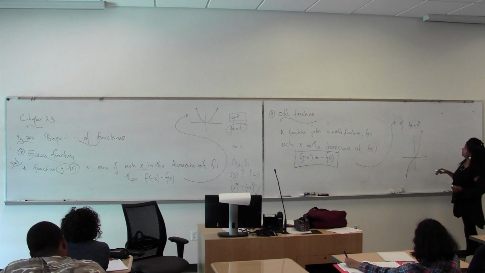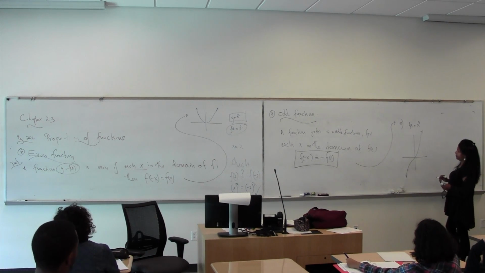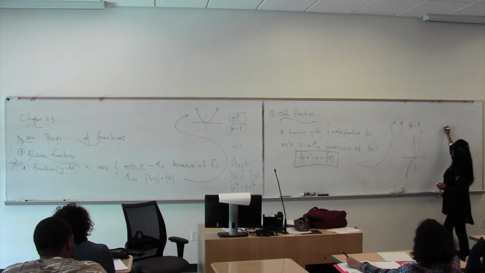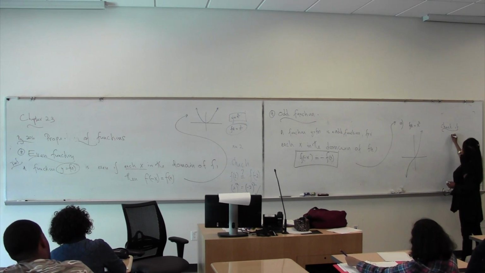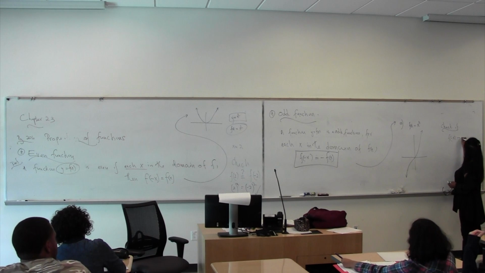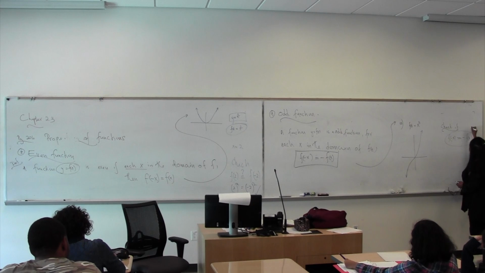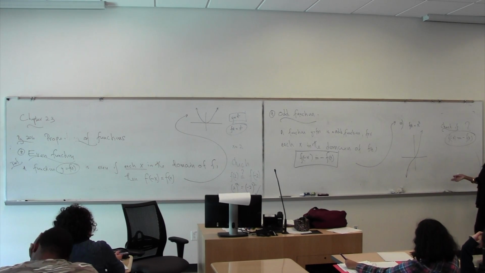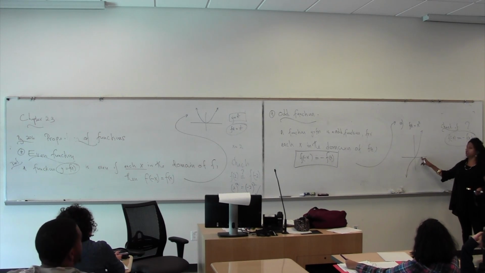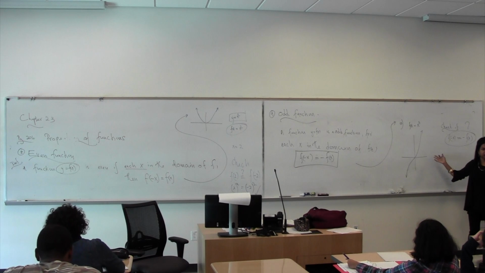So let's check on this now. Right now we are only checking whether it's even or odd. So what do you need to check? We need to check if f of negative x is the same as negative f of x. We need to check this condition. We don't know yet, so pick any x. Let's pick x equal to 2 or x equal to 3. Doesn't matter. It must hold for every x in the domain.